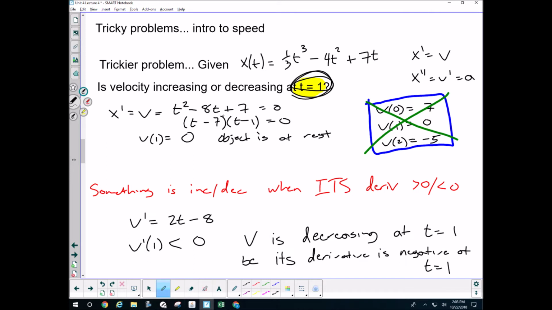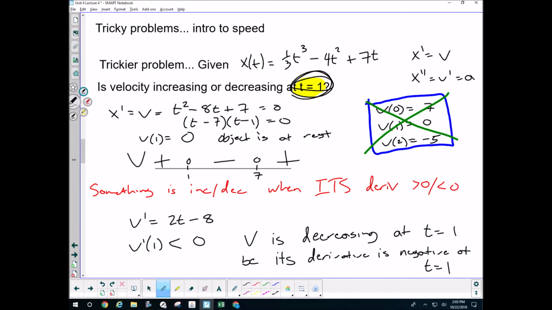And you got 7 and 1, and you knew that that was all of the zeros. And you threw down 1 and 7. You got a 0 here, a 0 here. And if you realize that the velocity values are positive to the right of 7, negative between 1 and 7, and positive to the left of 1, then I would accept this.